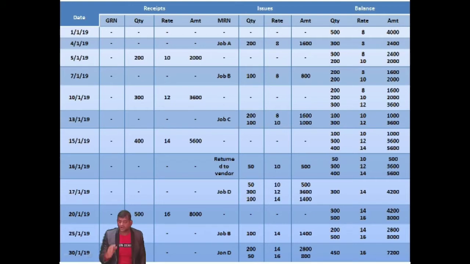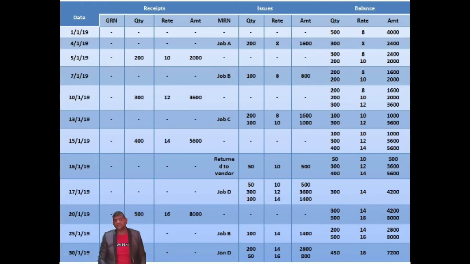So 200 into 10, 2,000 rupees worth of material we have received. When there is a receipt entry, obviously the issue columns will be nil. So in the issue column, MRN nil, quantity nil, rate nil and amount nil. Go to the balance column.